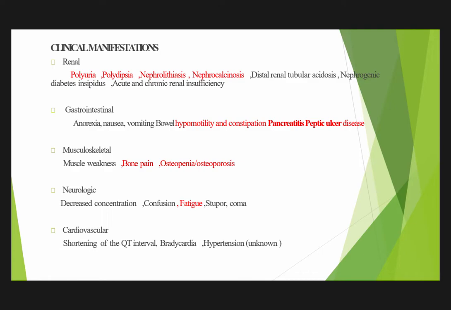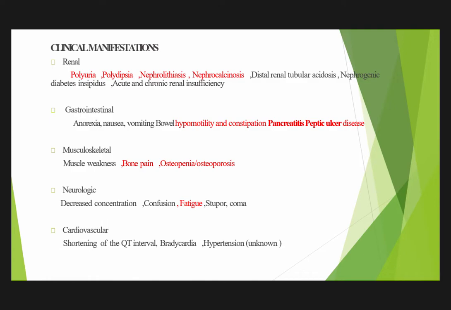Gastrointestinal symptoms include anorexia, nausea, vomiting, hypomotility of the bowel, constipation, pancreatitis, peptic ulcer disease. It's all because of the hypercalcemia, because this calcium accumulates in soft tissues of the body and in mucous cells also. It stimulates formation of ulcers.